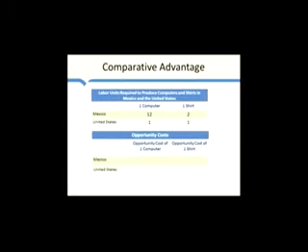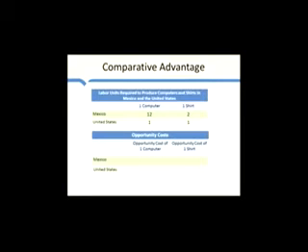What's the opportunity cost of one computer in the United States? In other words, to produce an additional computer in the United States, what would we have to give up? Well, in order to get that additional computer, we'd have to take labor from shirt production and move it into computer production.